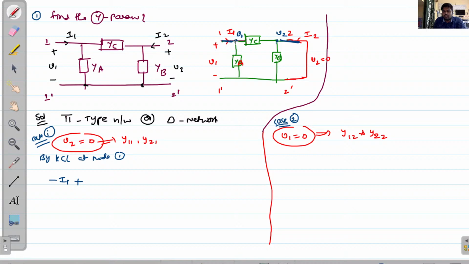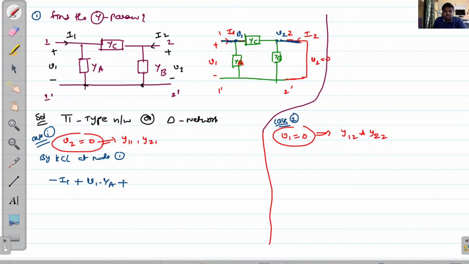I am considering node 1, so the node 1 voltage is superior to all other voltages present in the network. That's why the current is leaving from this node in this particular branch. So I am taking here V1 into YA. V1 times YA, the node voltage into YA, gives the current through this particular YA branch.